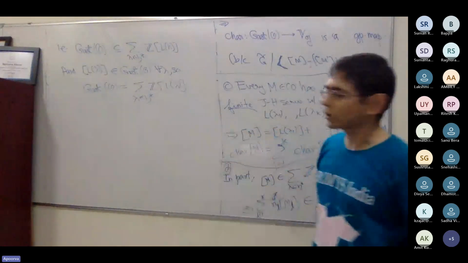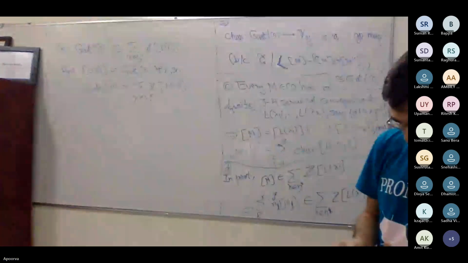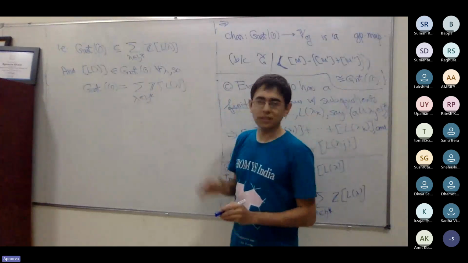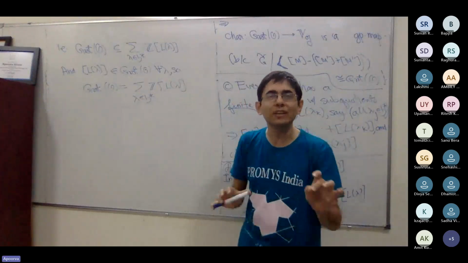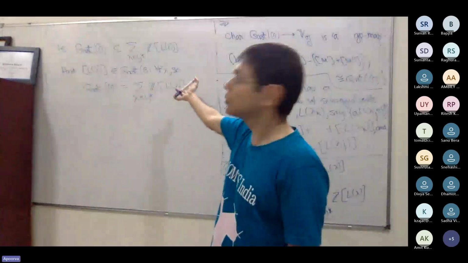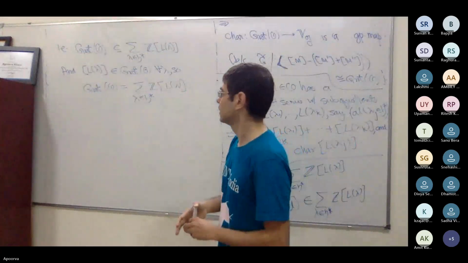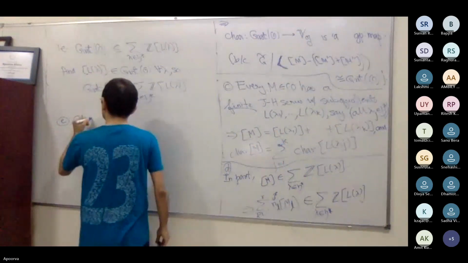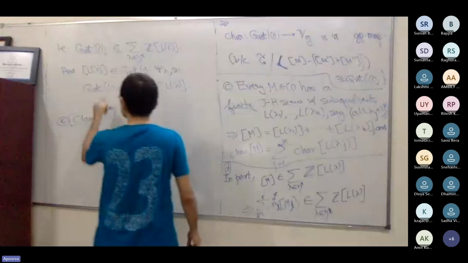The point is the Grothendieck group is a sum of these guys, and it remains to show the freeness, the directness of the sum. Then it's a free abelian group generated by the simple module characters. So the final claim, in some sense, is that this sum is direct.